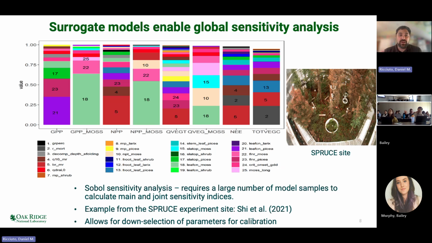So one reason why we like to do these early in the process of quantifying uncertainty is it allows for down selection of parameters that we might then want to target for calibration. When we construct these surrogate models, we can get away with a little bit less accuracy to get reliable sensitivity numbers. But to perform model calibration, typically we need really accurate surrogate models to limit that potential error.